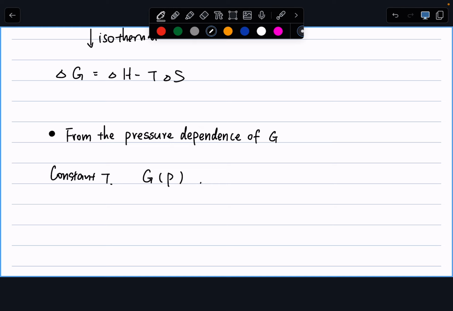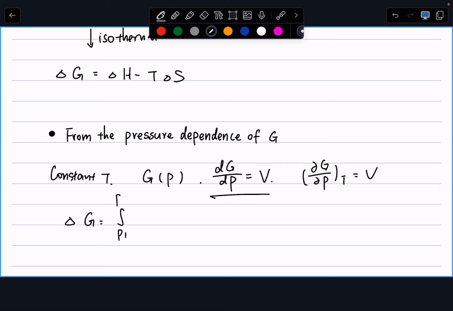And we know that the partial of dG over dP at constant T equals V, but in isothermal processes this becomes a normal differential equation, thus dG over dP equals volume. Or the other way to put it is we can write delta G equals the integral from P1 to P2 of volume dP.